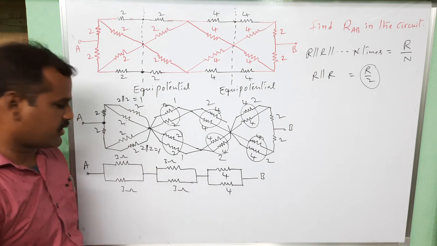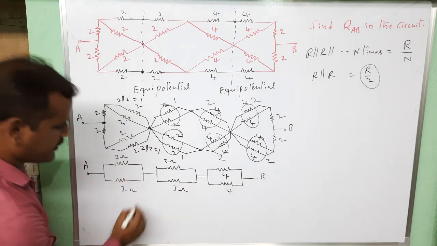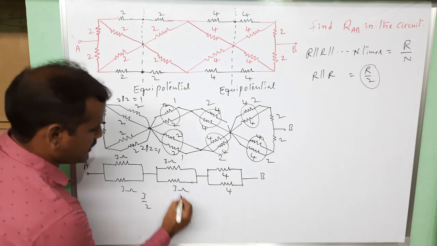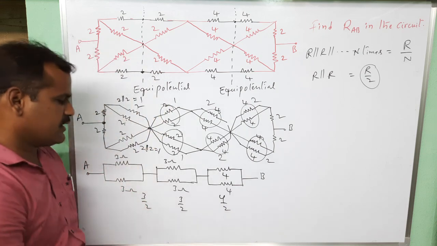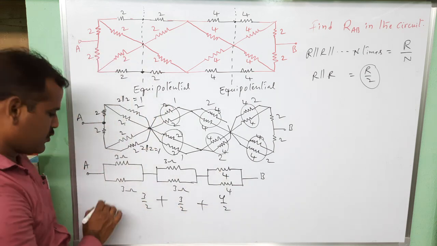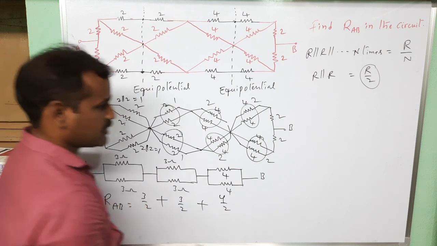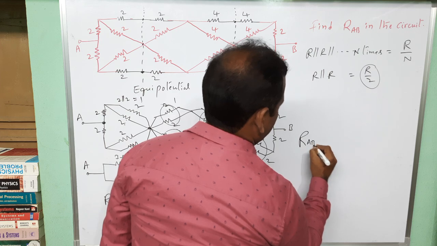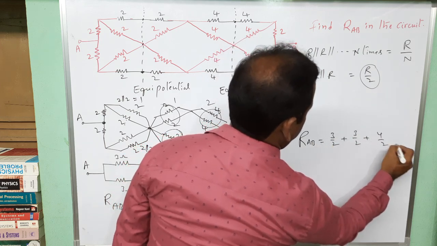We can easily sort out now the equivalent resistance value. This is 3 parallel 3, that means 3 by 2 here. This is 3 parallel 3, 3 by 2 here. 4 parallel 4, 4 by 2 here. Series combination of these three. So we can add these three to find the equivalent resistance between the terminals AB. So RAB is equal to 3 by 2 plus 3 by 2 plus 4 by 2.